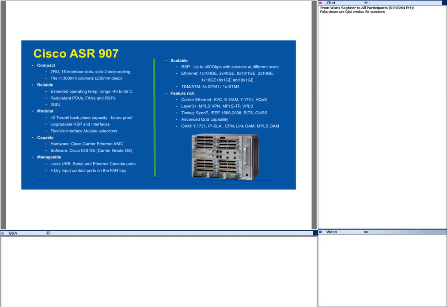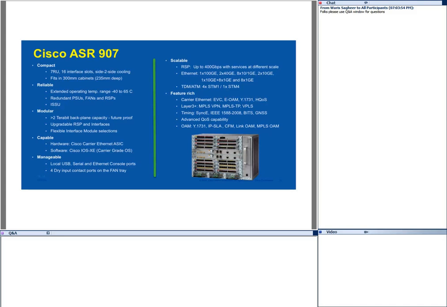The 907 is a 7RU based platform. When we talk about the depth, so it's like 9.22 inches deep, and operating temperature -40 to 65 degrees centigrade. So we have redundant power supplies, fans, and RSPs.